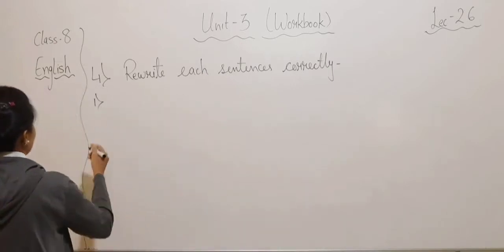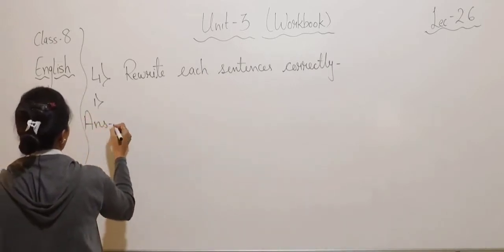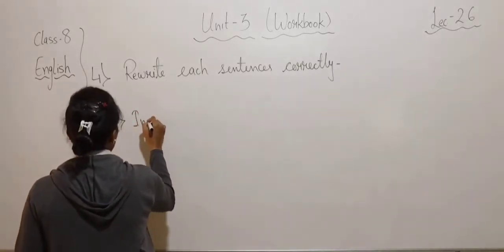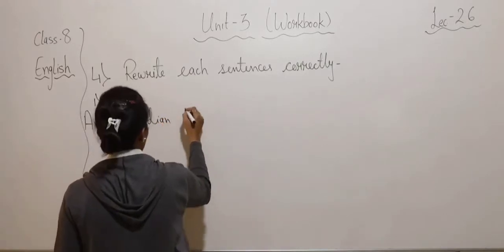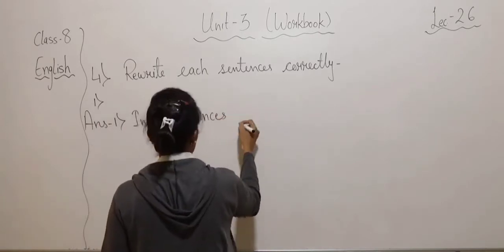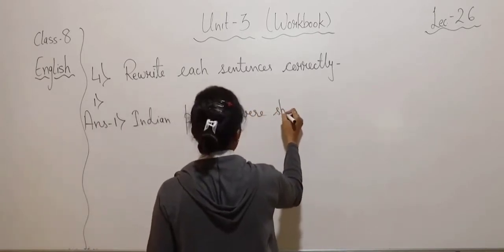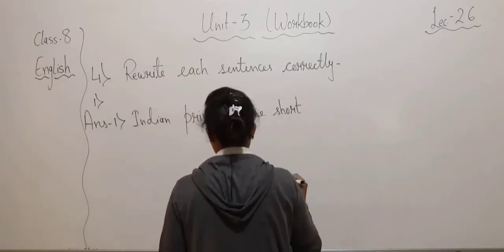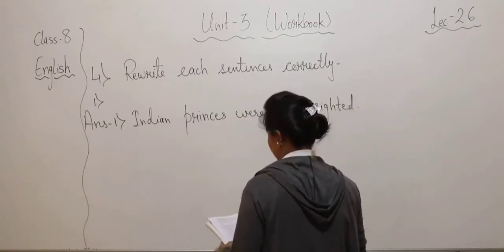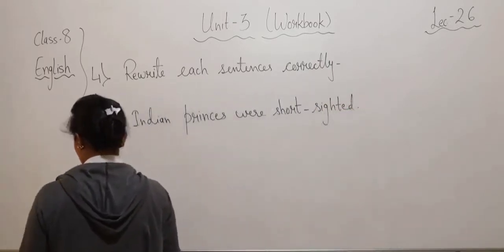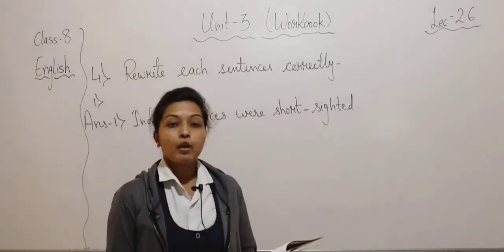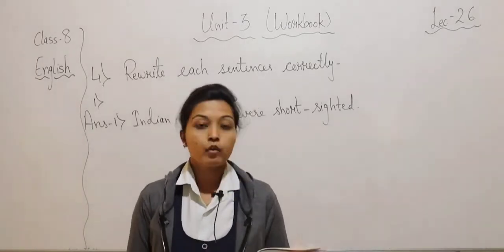Write down that sentence. Then after, Indian prince were short sighted. Then second, it is given, we must education our children.